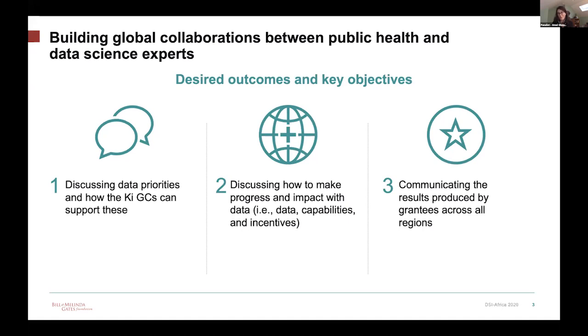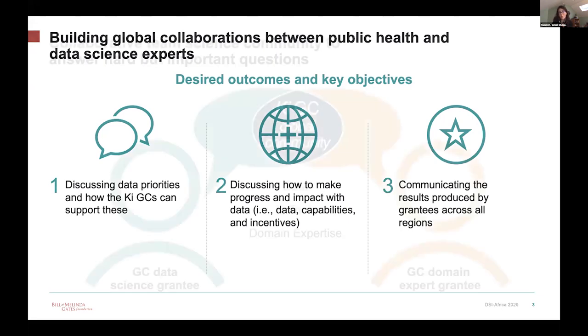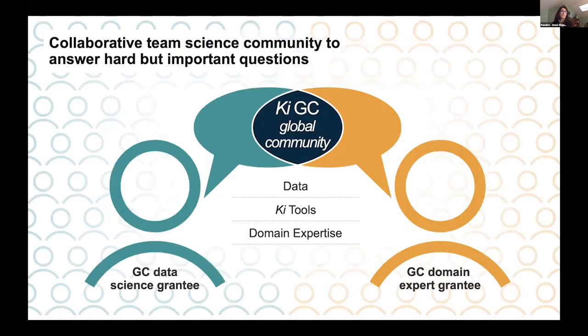And Moses mentioned the fact that we try to get grantees to think beyond publications and think about what products they're building to inform policy in their regions. So our ultimate goal is to promote collaborations, share knowledge, and draw together this community of data scientists and public health experts and create a global community.